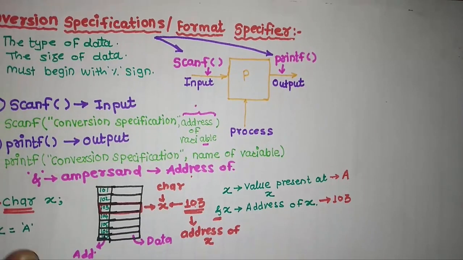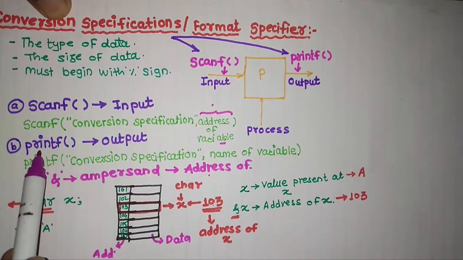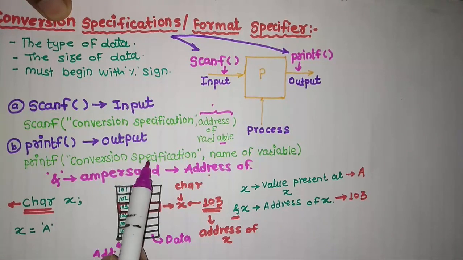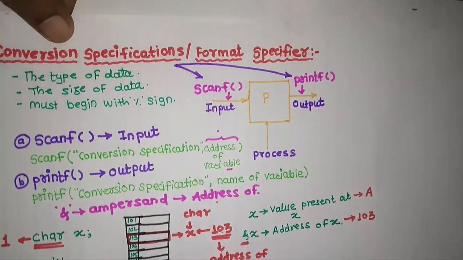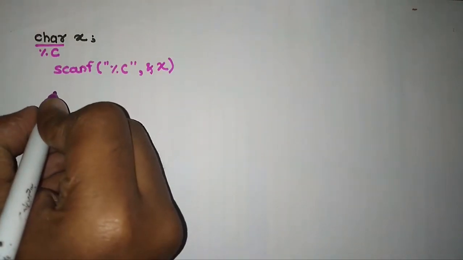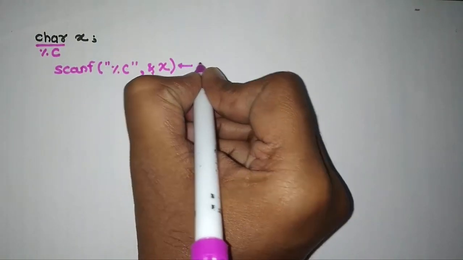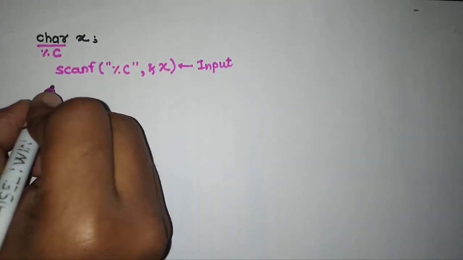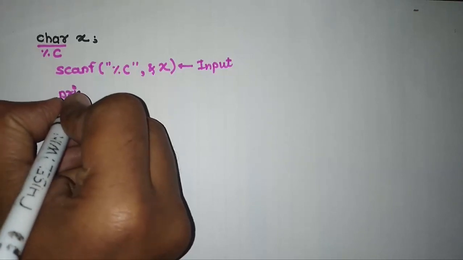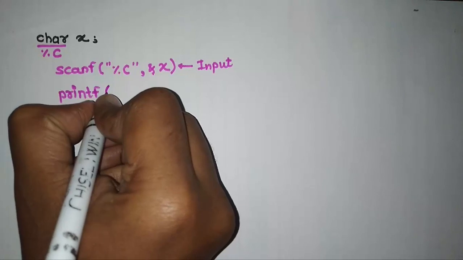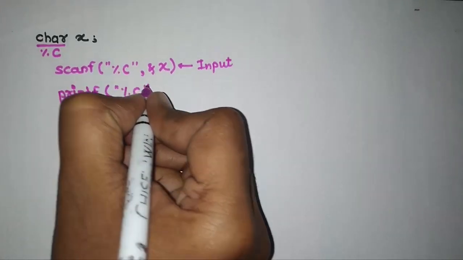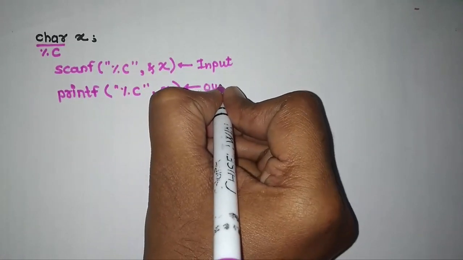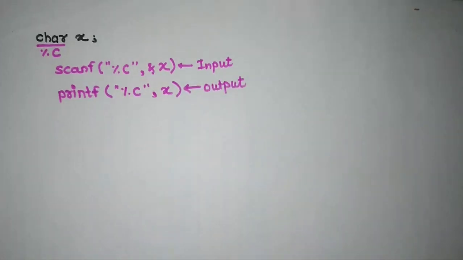Now to print the data on the output screen, we use the printf function, and the syntax for printf is printf, conversion specification and name of variable. So this is for input purposes, and to display the data out we use printf, %c comma x, and this syntax is for output purposes.